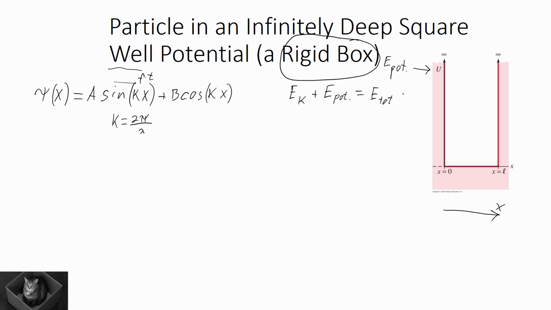Now, in this particular situation, we are saying that the potential energy when you're inside the box is 0. If you tried to go out, it would jump to infinity, and you don't have infinite energy, so we're going to be confined inside the box where the potential energy is 0. In that case, just the kinetic energy is the total energy of the particle.